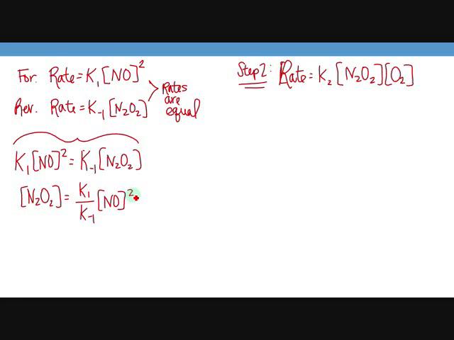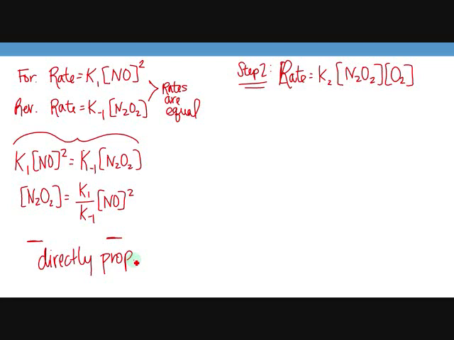Okay, seeing this, remember the K's, when we plug them all in, they all form their own K for the final reaction. So what this is showing me is since they are on opposite sides of the equation, the NO squared is directly proportional to the N2O2. So that means that they can be directly replaced in the rate law.